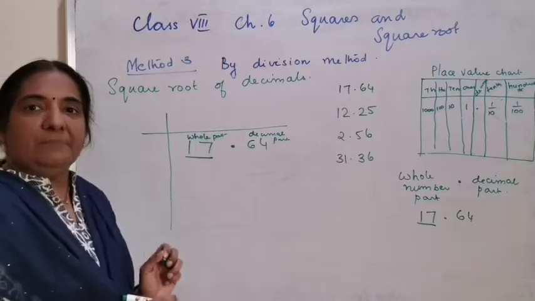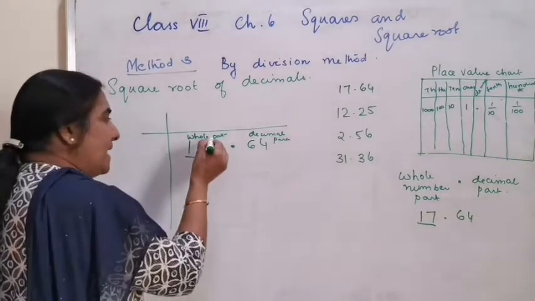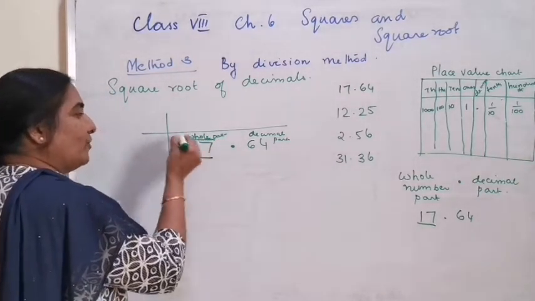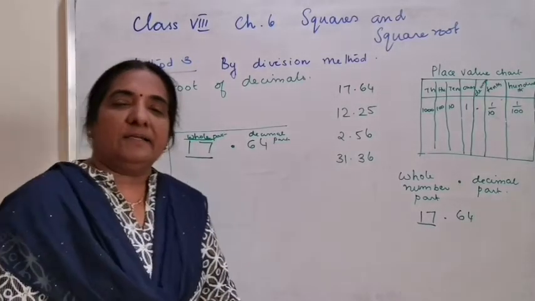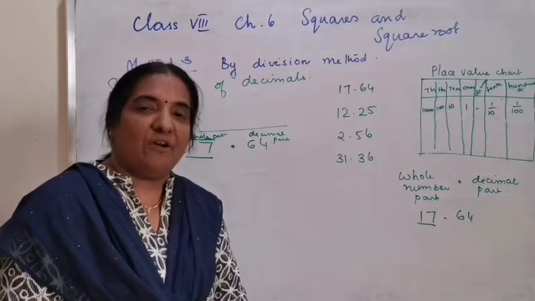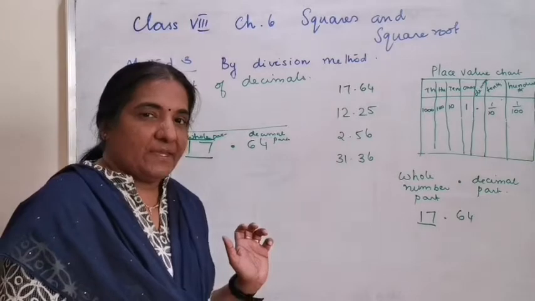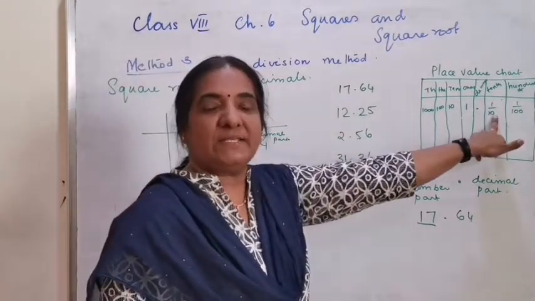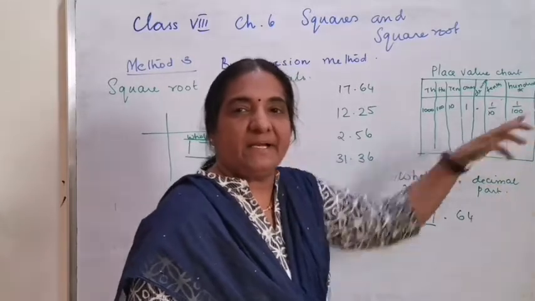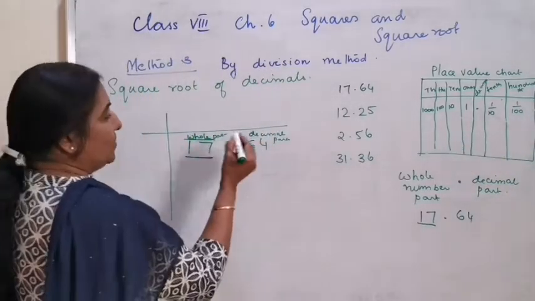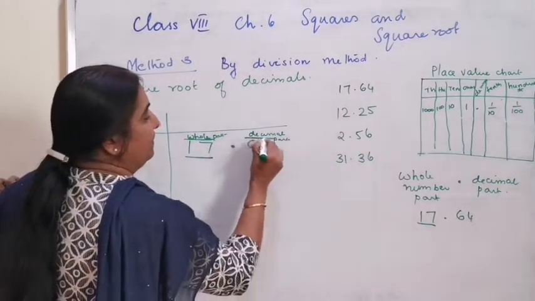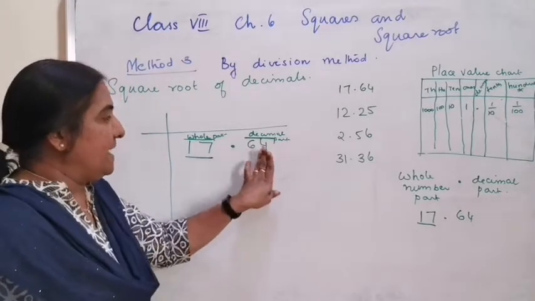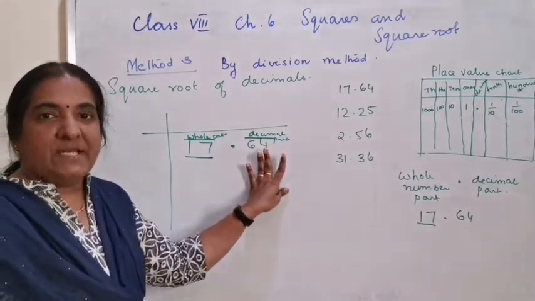The whole number part you will group as you were grouping for the other whole numbers, that is grouping of ones and tens. And in a decimal part, the first place starts with 1 by 10, 1 by 100. So the decimal group will be starting from the 10th place and 100th place.